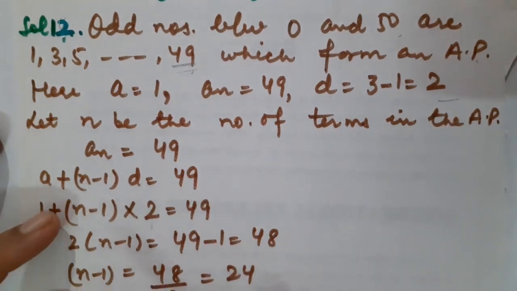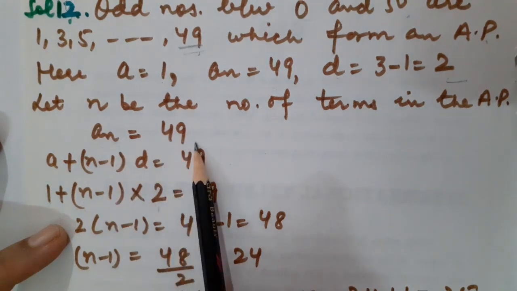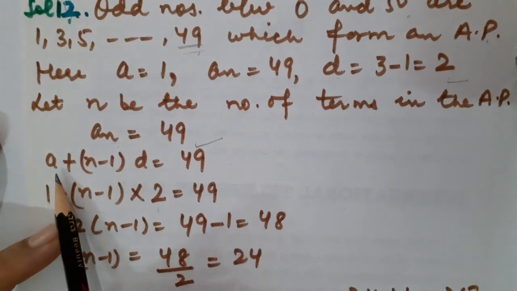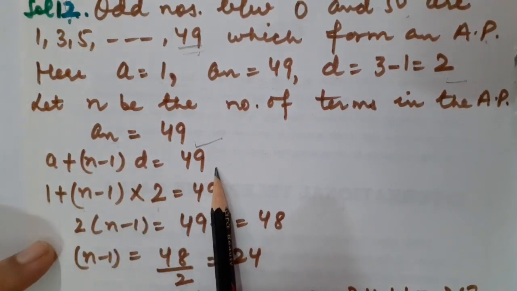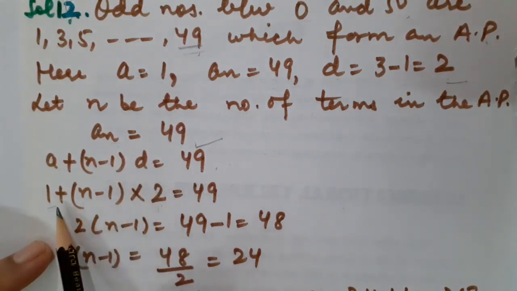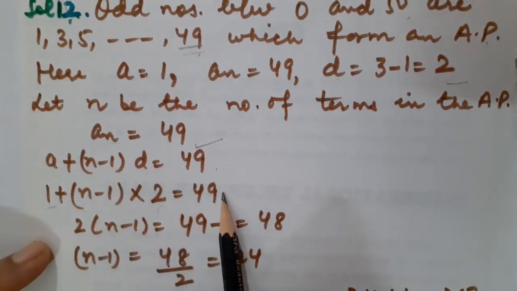So let n be the number of terms in the AP. an is equal to 49 because we have the last term given, that is 49. So the formula is a plus (n minus 1) into d is equal to 49. What is a? a is equal to 1 and d is equal to 2. So I am going to substitute these values. It would become 1 plus (n minus 1) into 2 is equal to 49.